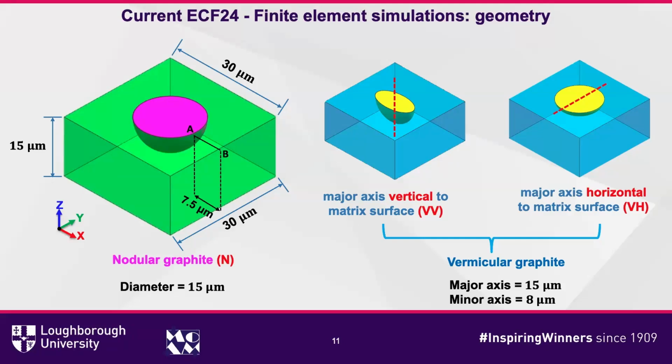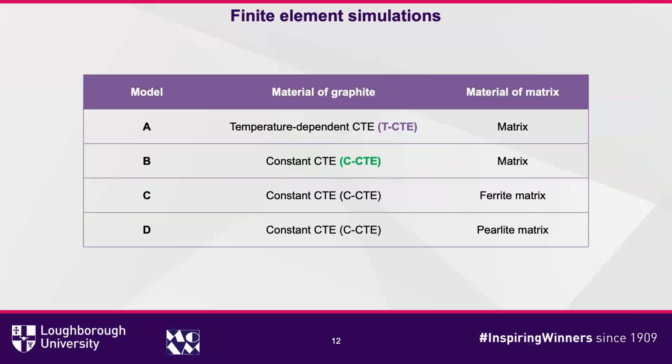Here, the graphite inclusion and matrix have the same level of displacement at the beginning. I use nodular graphite and vermicular graphite with the same volume fraction, just in a different direction. Here, I call it VV when the major axis of the vermicular graphite is vertical to the top surface, and another one is parallel to the matrix surface.